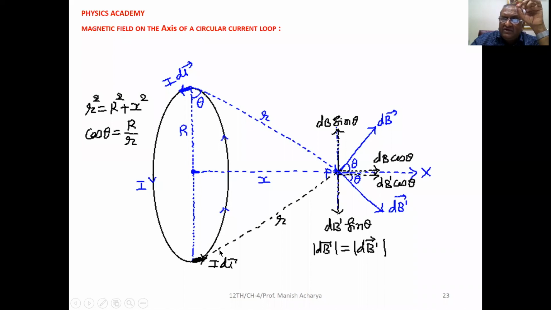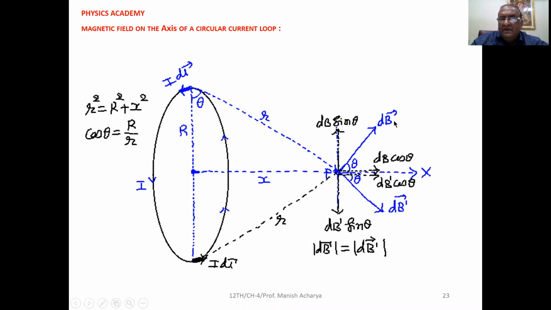Now with respect to that, P will be at exactly distance R by the symmetry of the figure, you can understand. And perpendicular to R, the magnetic field here we can represent as dB dash.